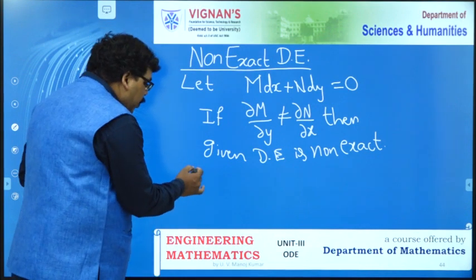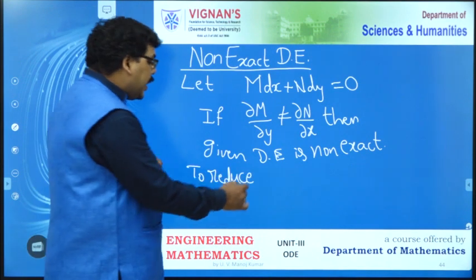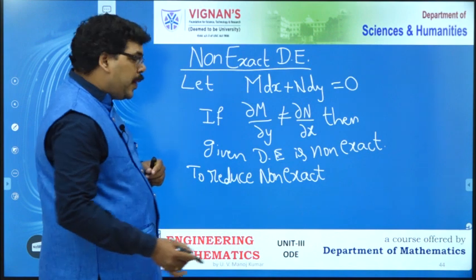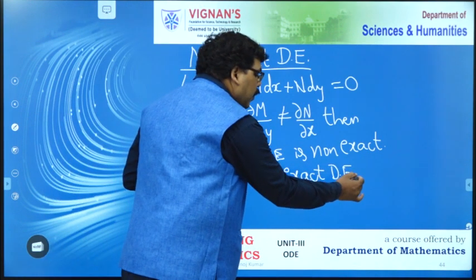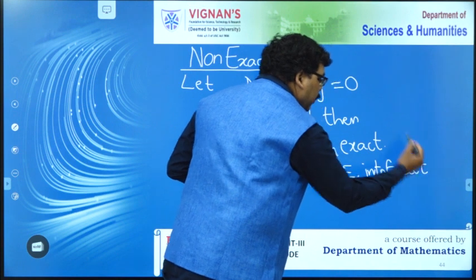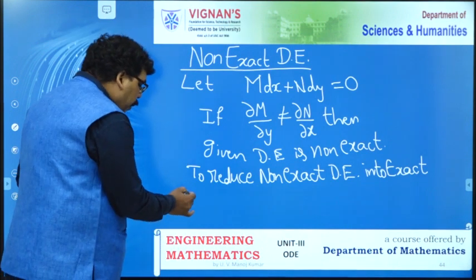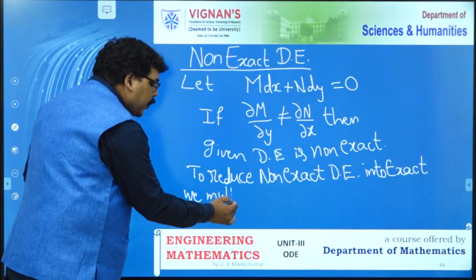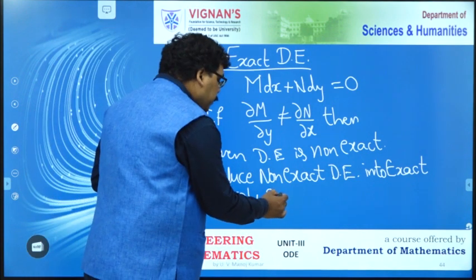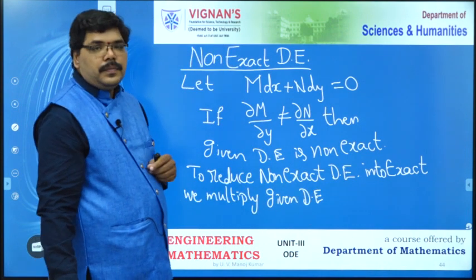So, to reduce a non-exact differential equation into exact, we multiply the given differential equation with a function.